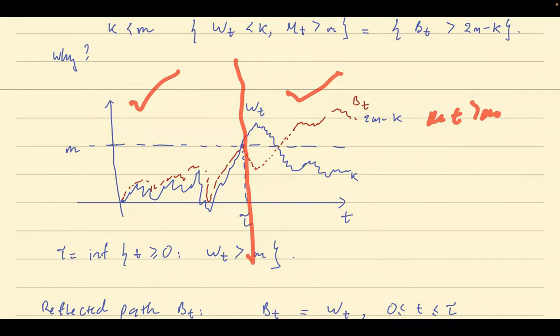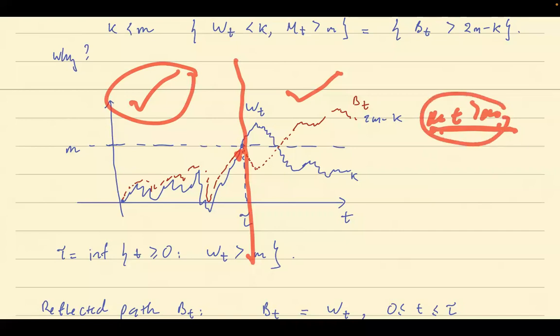Yeah. Because if we're in the left-hand panel, MT cannot be bigger than M. Because the left-hand panel exactly means that the Brownian motion never crosses M. Therefore, the max cannot be bigger than M. So MT bigger than M just means that tau T is bigger than tau.